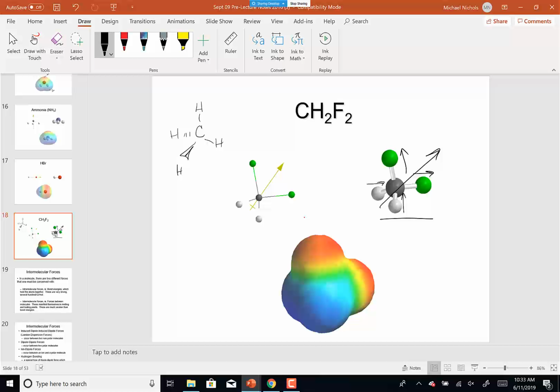So what does that also mean? I don't have the picture of this, but I can show you in a moment. Carbon tetrachloride. Carbon tetrachloride's used in dry cleaning. It's pretty bad.